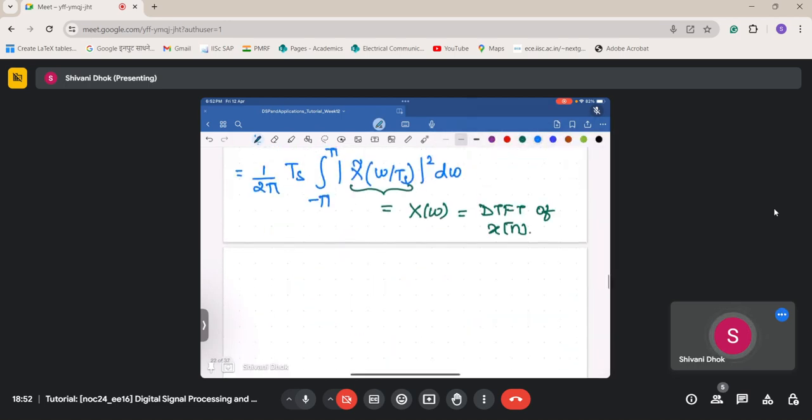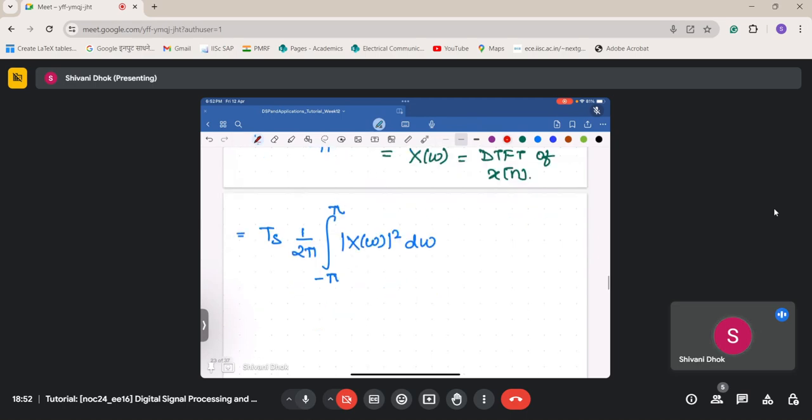Therefore, I'll take this Ts outside, and then I have 1 upon 2 pi integral minus pi to pi magnitude of X of omega square d omega. And this thing here will be equal to the summation n running from minus infinity to infinity of the magnitude of x[n] squared. Again, this will come by Parseval's theorem.